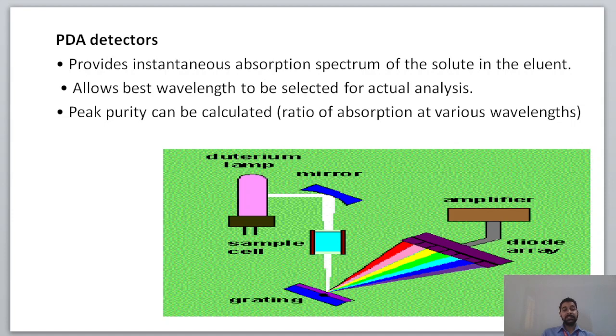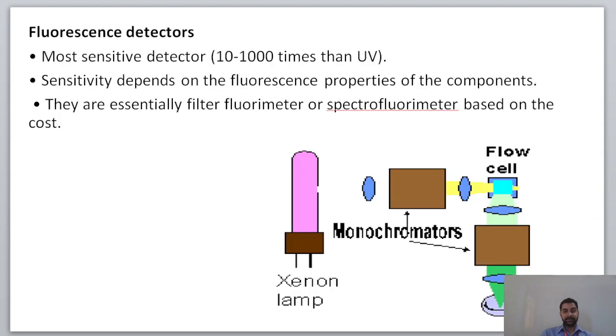It provides an instantaneous absorption spectrum of the solute in the eluent, allowing the best wavelength to be selected for actual analysis. Peak purity can be calculated. As I have already spoken about, it is the ratio of absorption at various wavelengths. Here is the diagrammatic representation of the photodiode array detector.